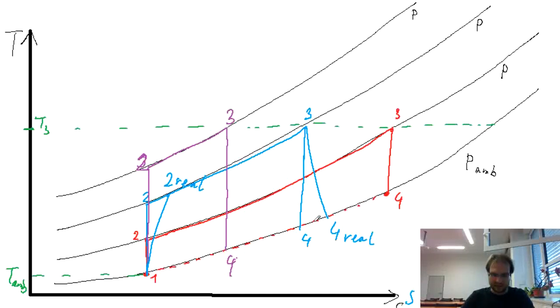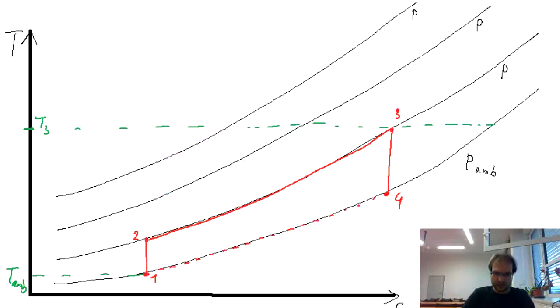Now let's have a look at one specific feature of the cycles with very low pressure ratios. Let's give here the cycle from the beginning, 1, 2, 3, 4, eventually with the real efficiencies of the components, so here would be 2 real, and here would be 4 after expansion in a real turbine with given efficiency.